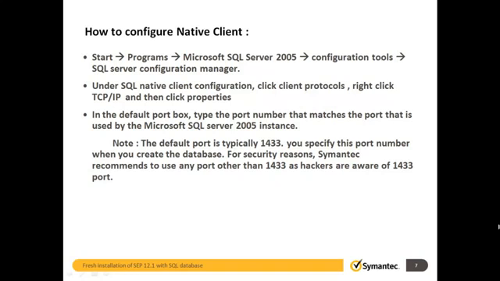In the default port box, type the port number that matches the port used by the Microsoft SQL Server 2005 instance. Make a note that the default port is typically 1433. You specify this port number when you create the database. For security reasons, Symantec recommends using any port other than 1433, as hackers are aware of port 1433.